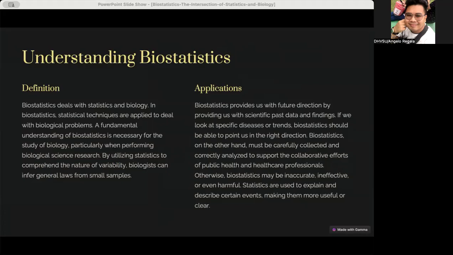By utilizing statistics, we can understand and comprehend the nature of variability. Biologists can infer general laws from small samples. Usually when we talk about biostatistics, it provides us with future directions by providing us with scientific understanding about the past and its findings.